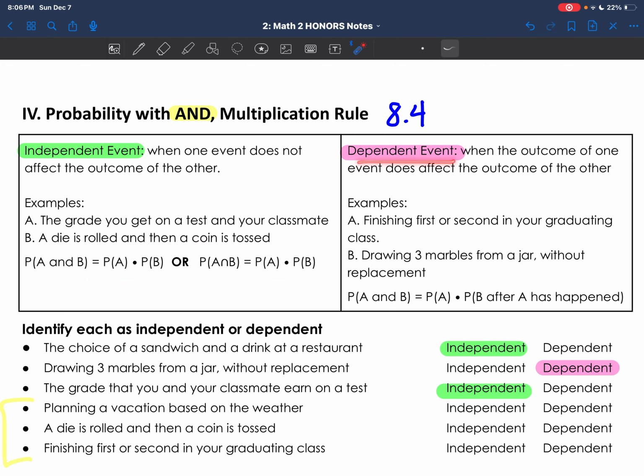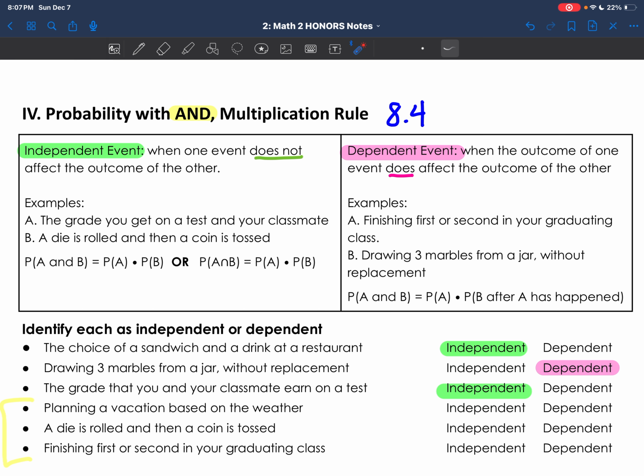And then for a dependent event, it's when the outcome of one event does affect the outcome of the other. Some examples are finishing first or second in your graduating class.